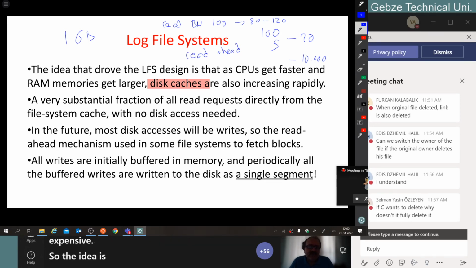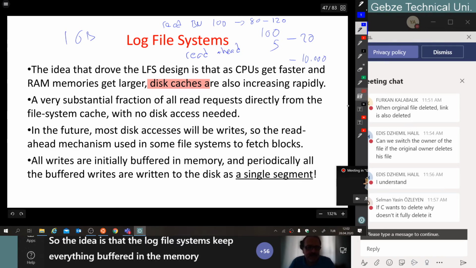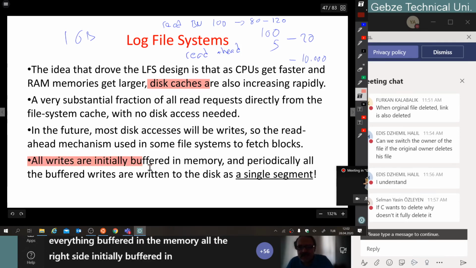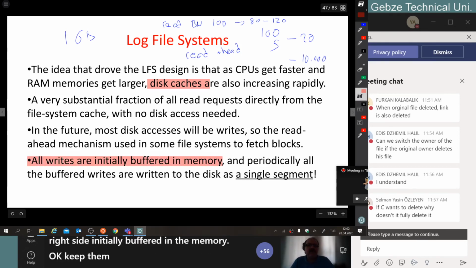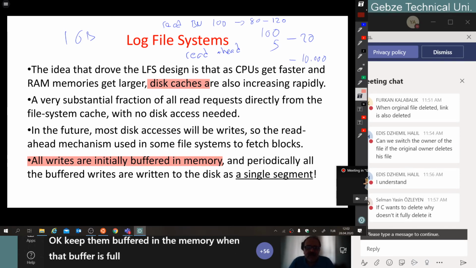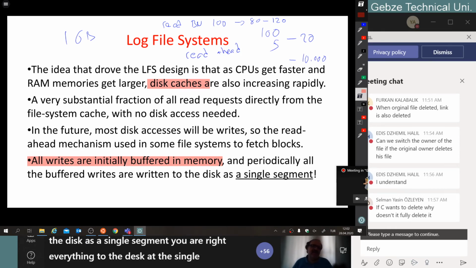with the log file systems, keep everything buffered in the memory. All the writes are initially buffered in the memory. When that buffer is full, periodically, all the buffered writes will be written to the disk as a single segment, in very closely related tracks.